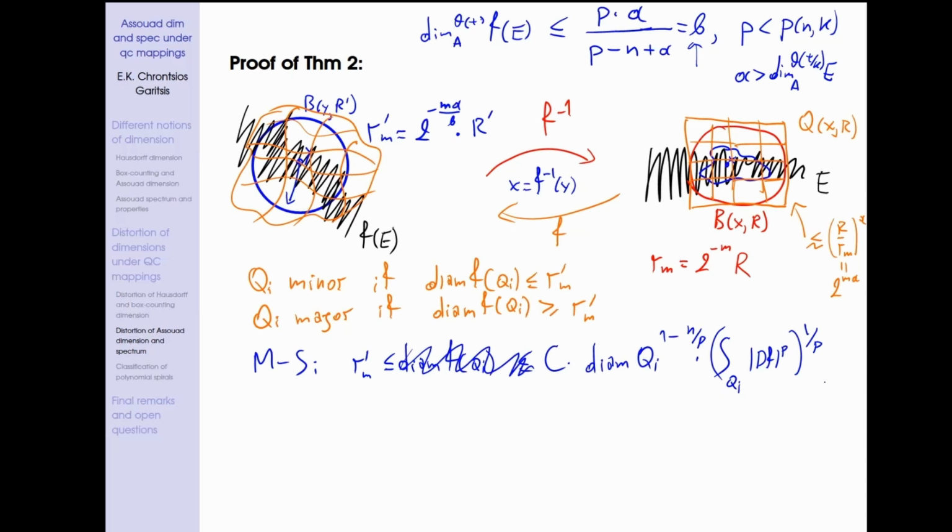The problem is that now we have two different scales. We have r and r prime. So if we do that, we would basically get, let's say n is the number of all major cubes, bounded by some other constant, times something that involves both r prime to the minus p, and r to the, I believe, p minus n, times some power of 2 with convenient exponents, times the LP norm.